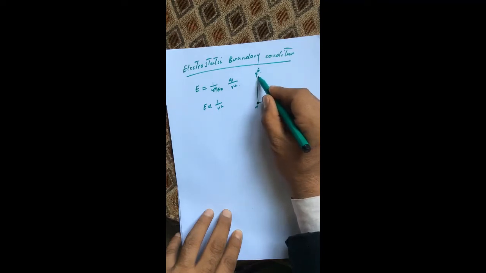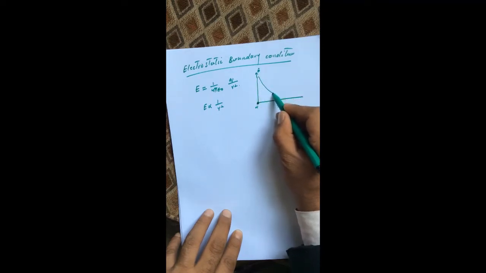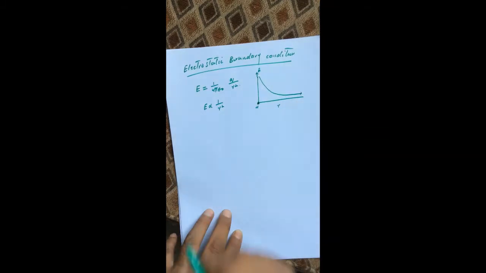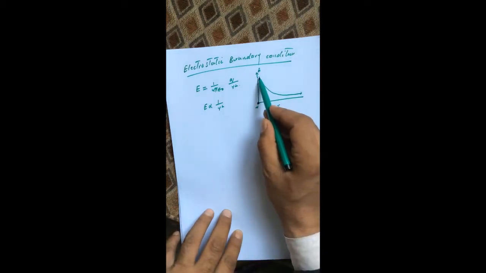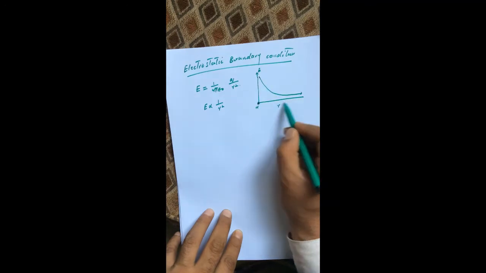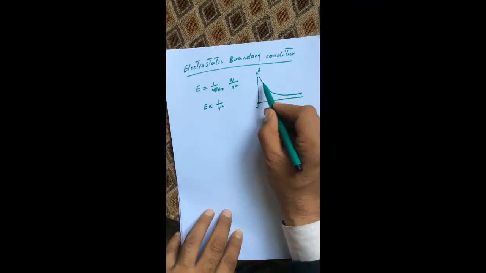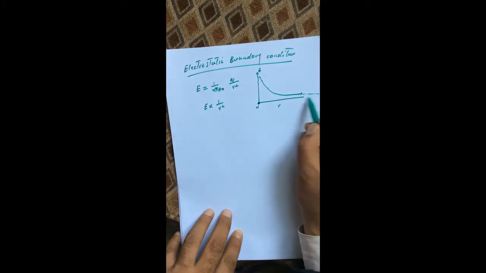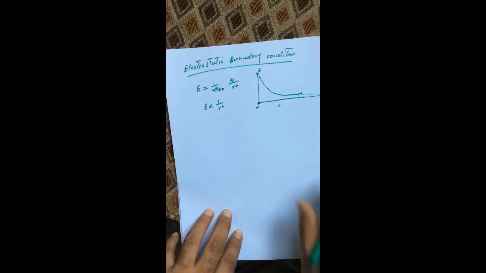It's maximum, and as we move away it decreases in this way. Close to the point charge the electric field is stronger, and as we move away it decreases, and finally at infinite distance the electric field will become 0.